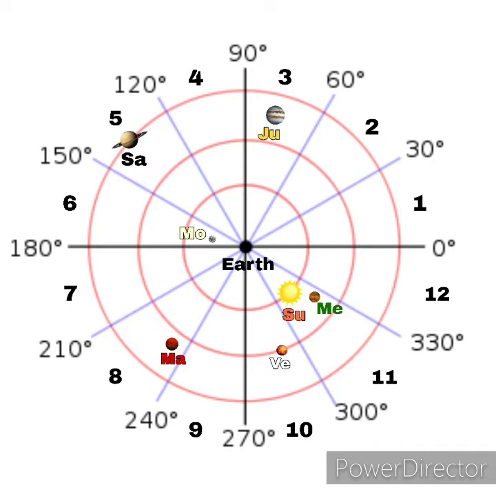From 0 to 30 degrees, it will be Aries, denoted by number 1. From 30 to 60 degrees, it will be Taurus, and so on up to 330 to 360 degrees, or 0. That is number 12, which means Pisces.